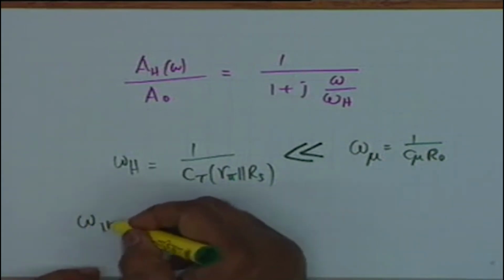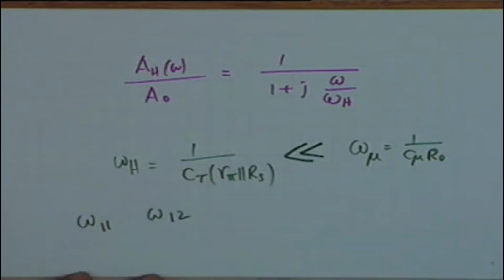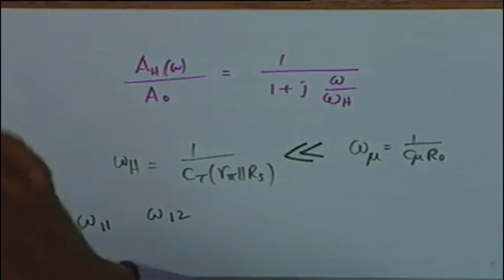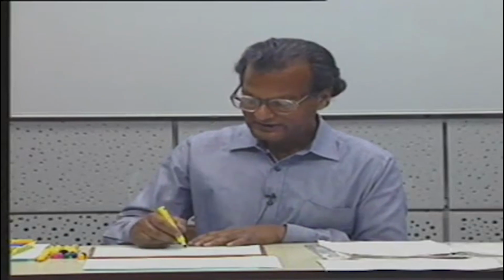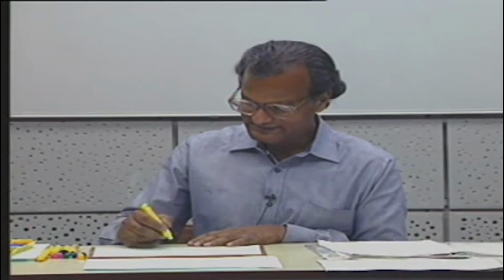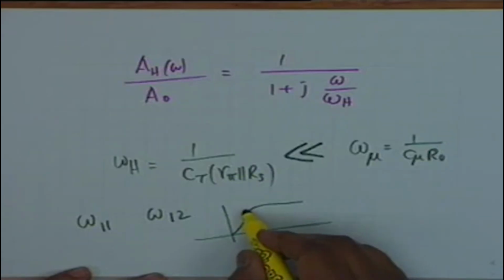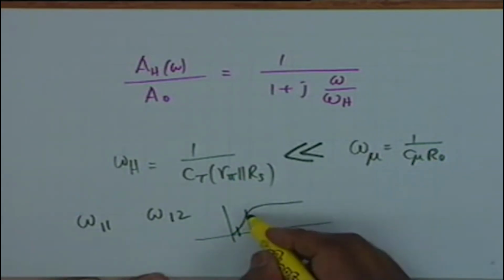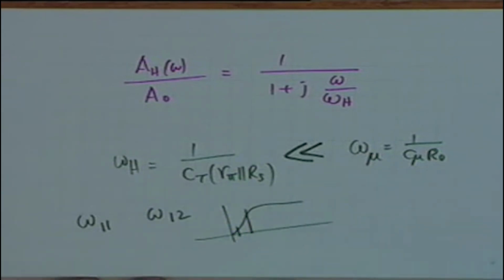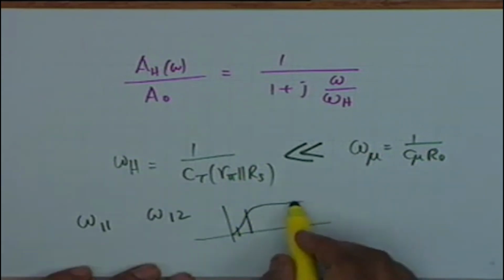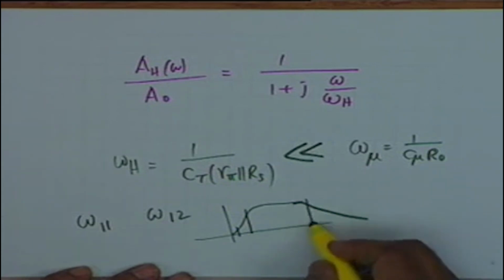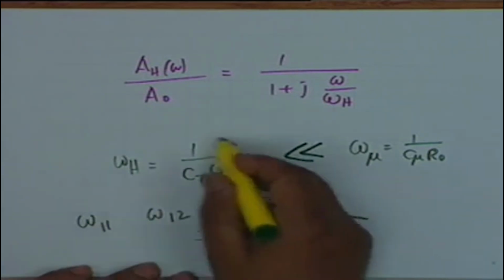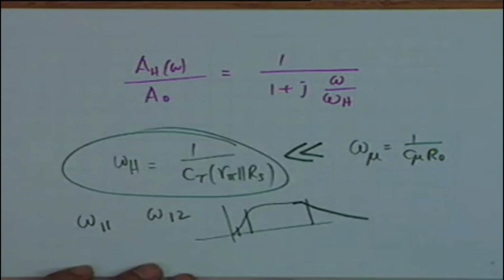In the low frequency case, you had omega 1 and omega 1, and the higher one was determining omega L, because if this is omega 1 and this is omega 1, it is this which is close to the 1 by root 2 point. On the other hand, at high frequencies, it is the smaller one that shall determine, and therefore this is the high frequency 3 dB cutoff point.